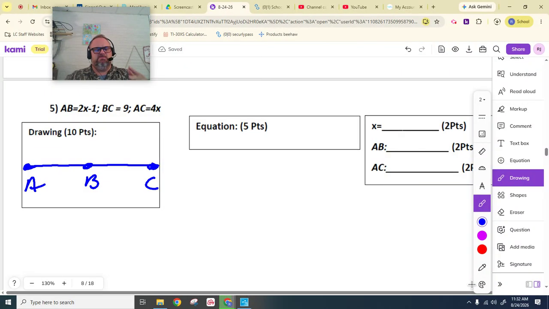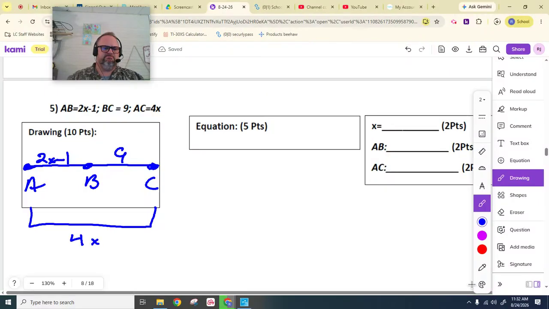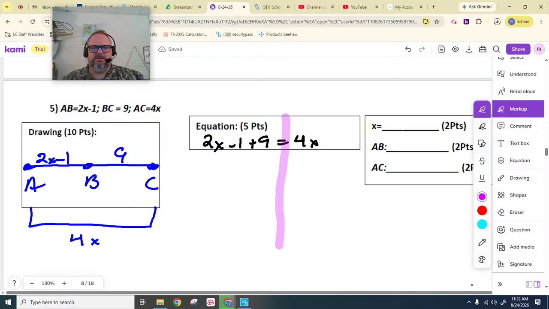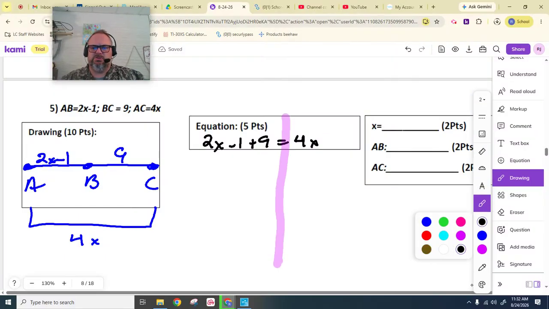So now this AB is 2x minus 1. This is 9. This whole thing is 4x. It's 9 equals 4x. So this is 8, 2x, 4x.